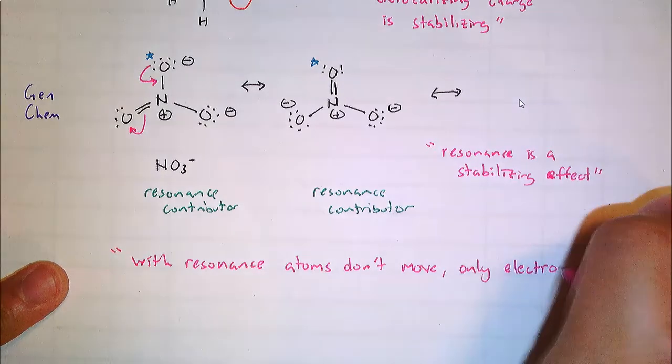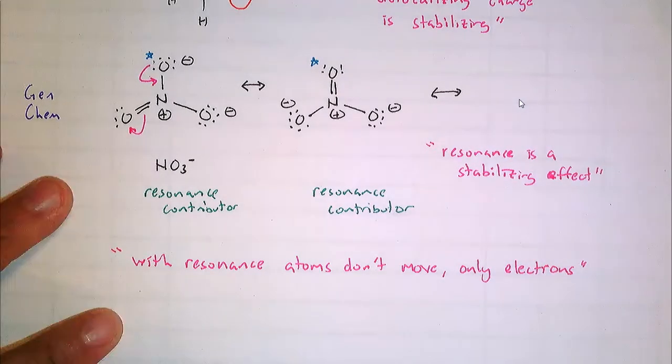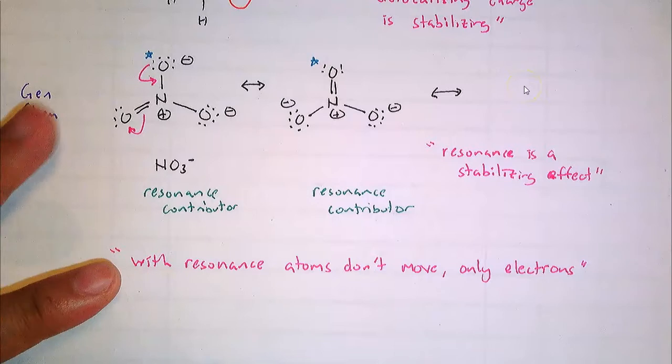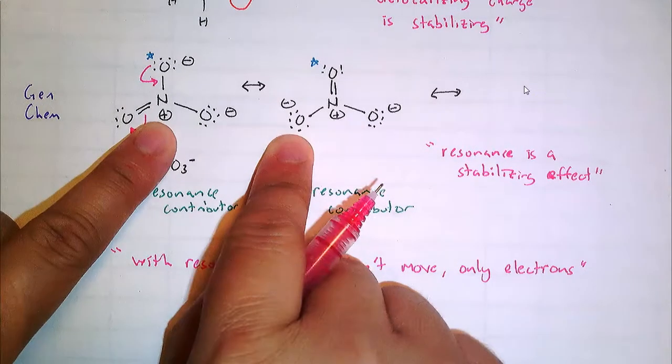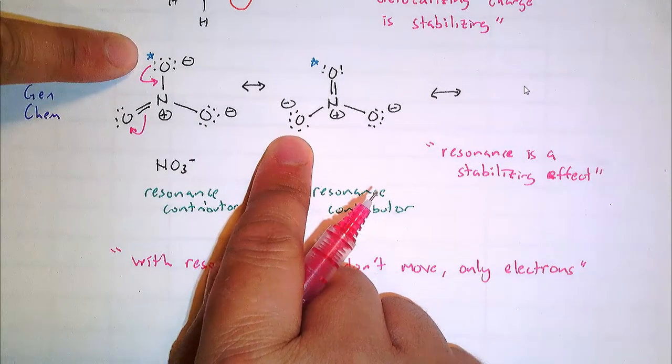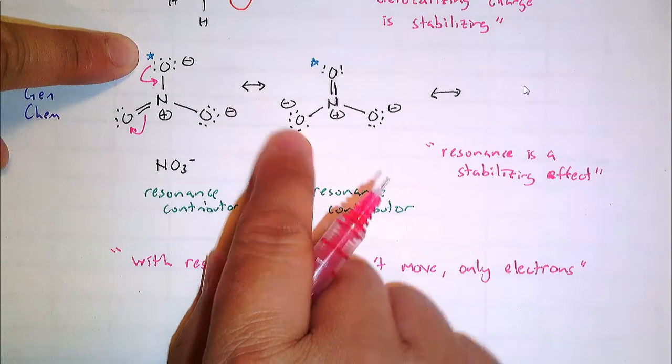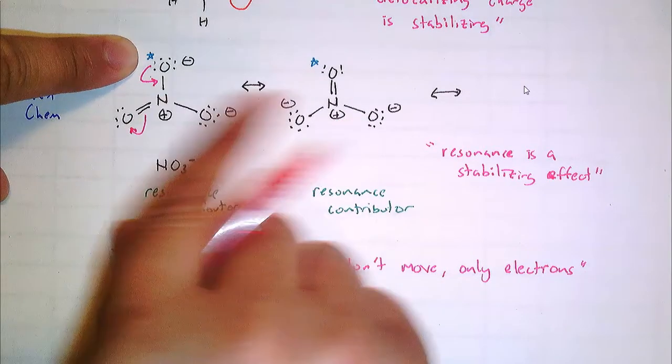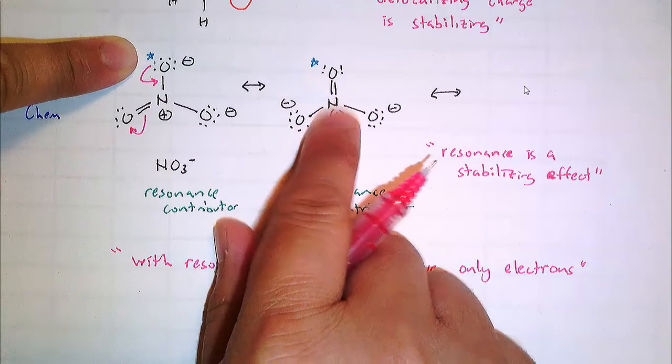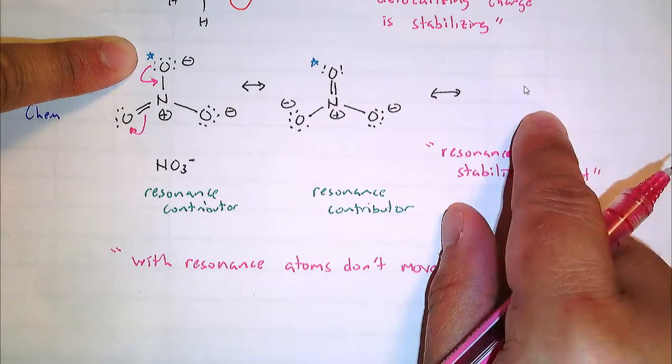I am purposefully making my mind think these atoms are static, and I'm keeping track of the oxygen that's starred, and in some instances it's single bond, in some other instances it's double bond. In this resonance structure it would be single bond.